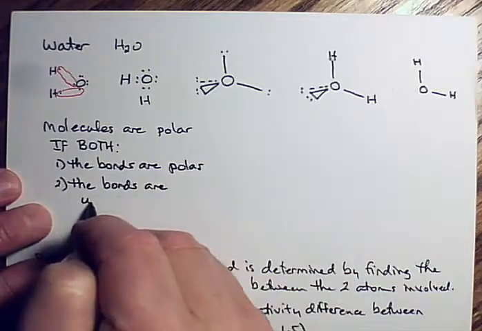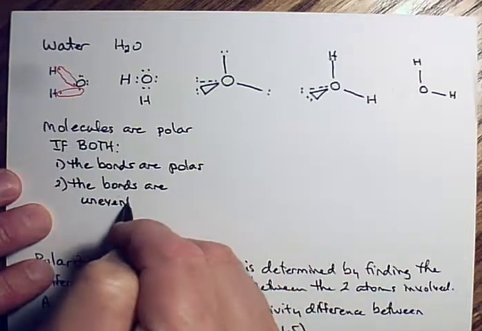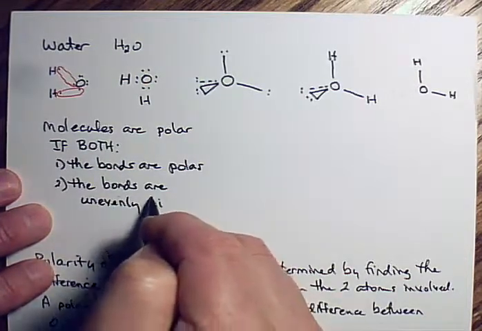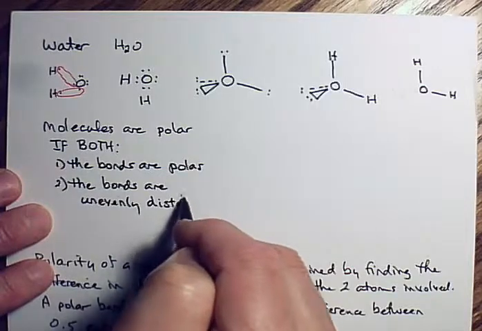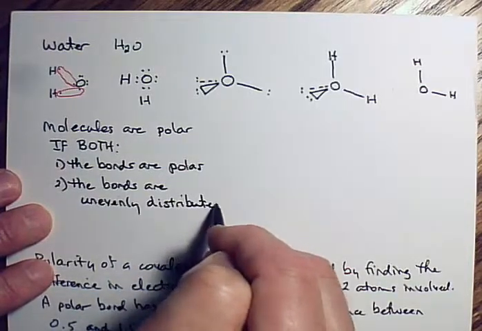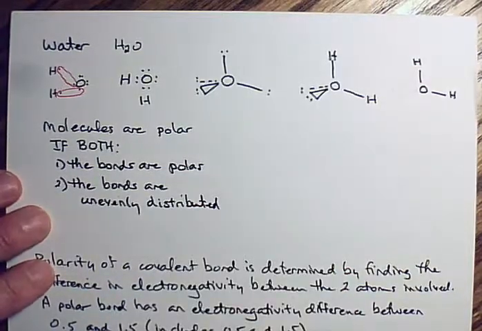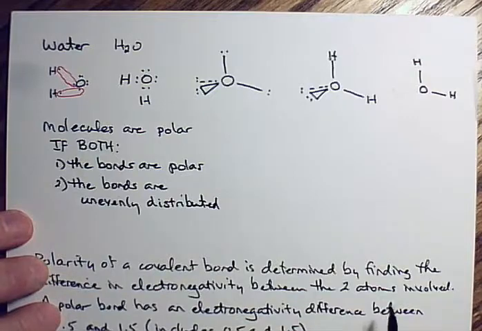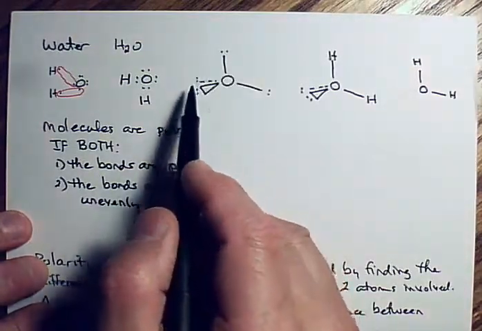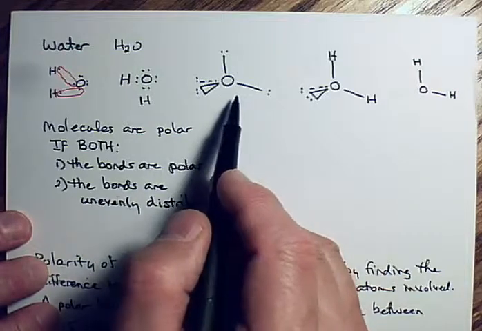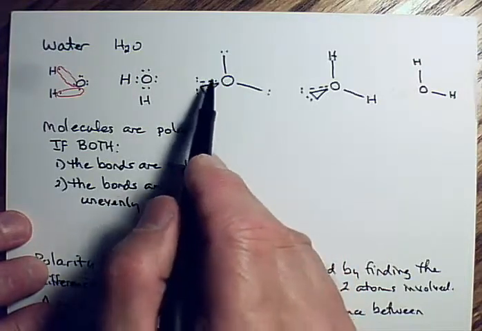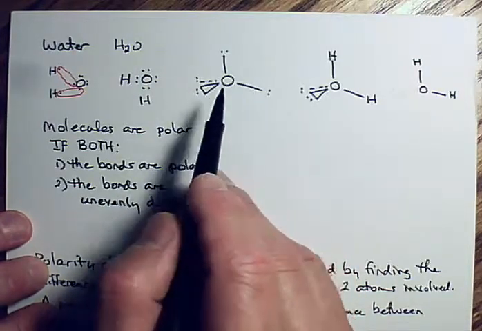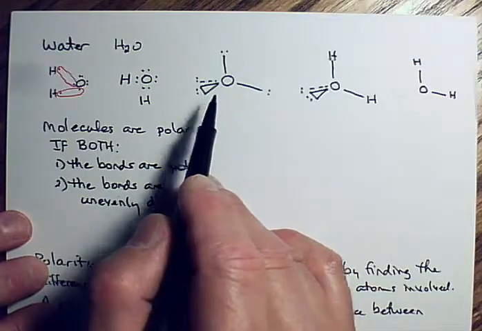The other condition then is the bonds are unevenly distributed. All right. So if we go back to the electron pair shape here, we created that by making all these bonds evenly distributed around that oxygen.